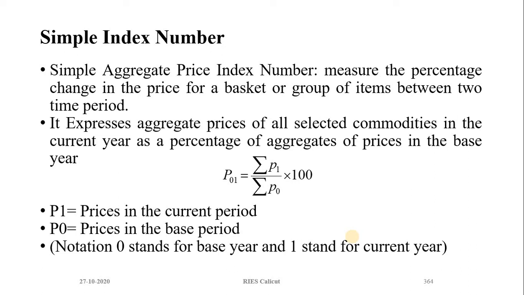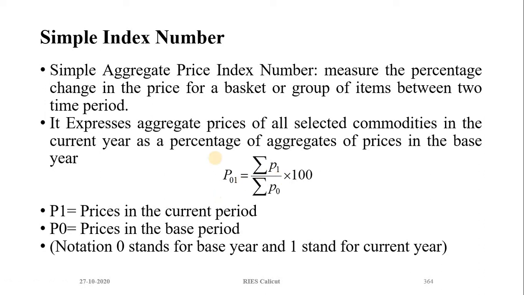So P01 means the price index number for the current period taking 0 as the base.